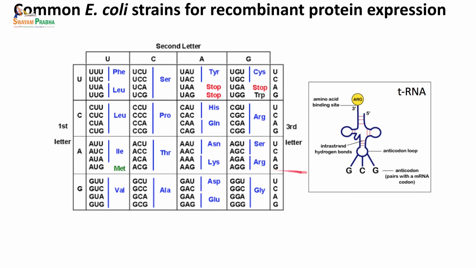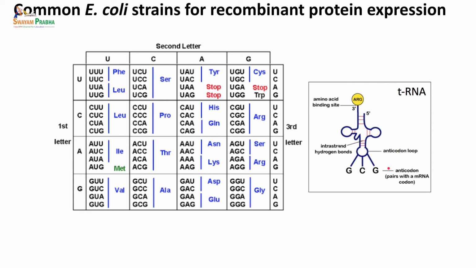Now you know that when proteins are being synthesized, the transfer RNAs have an anticodon sequence which will bind to the codon, and they have the corresponding amino acid present at the 3' end of the tRNA. If the anticodon recognizes the codon, then this amino acid will be introduced in the protein.